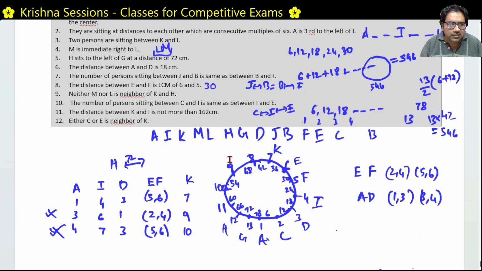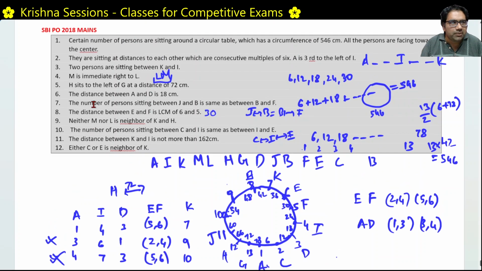But if B sits here, then three slots in between, there is no option. So B and F, there has to be two slots only, so that J and B also have two slots. So this is B, then this is J, then M and L anyway have to sit together. M is immediate right to L, so that means this is L, this is M.